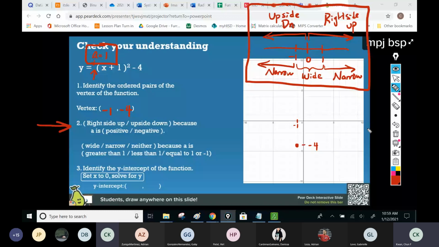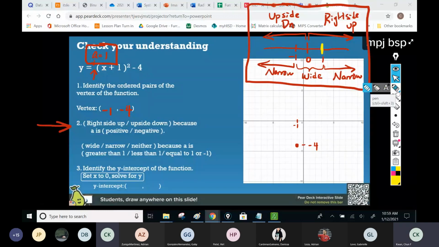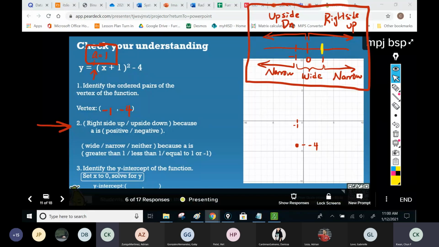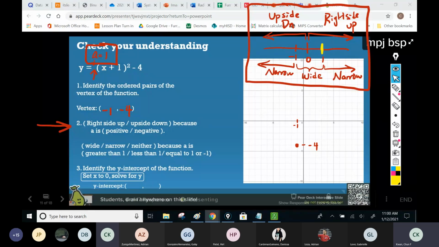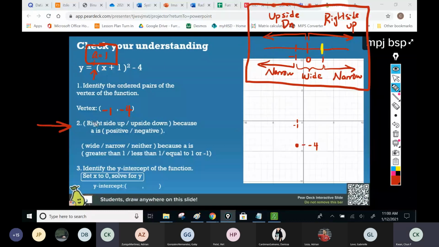So on the number line, A is right here, which also tells you that your graph is going to be right side up, because A is positive.